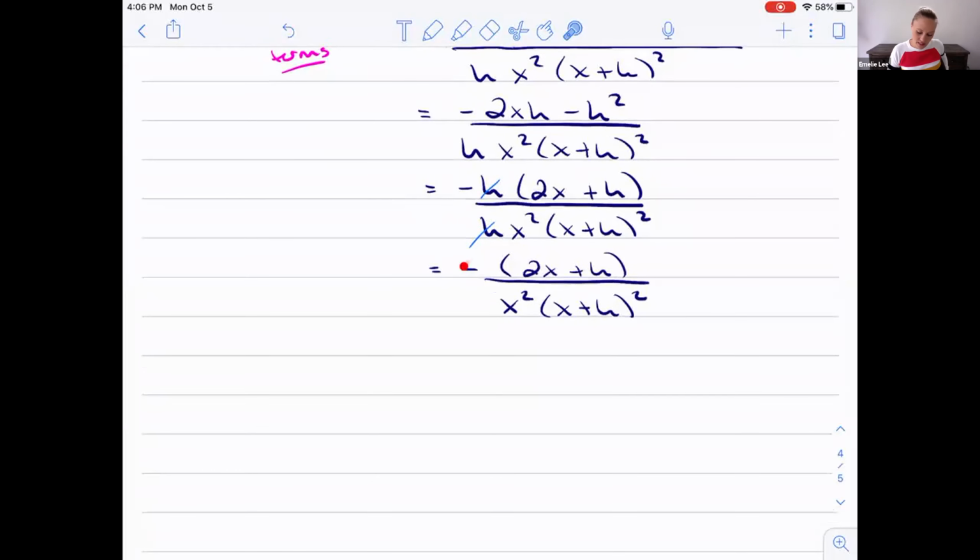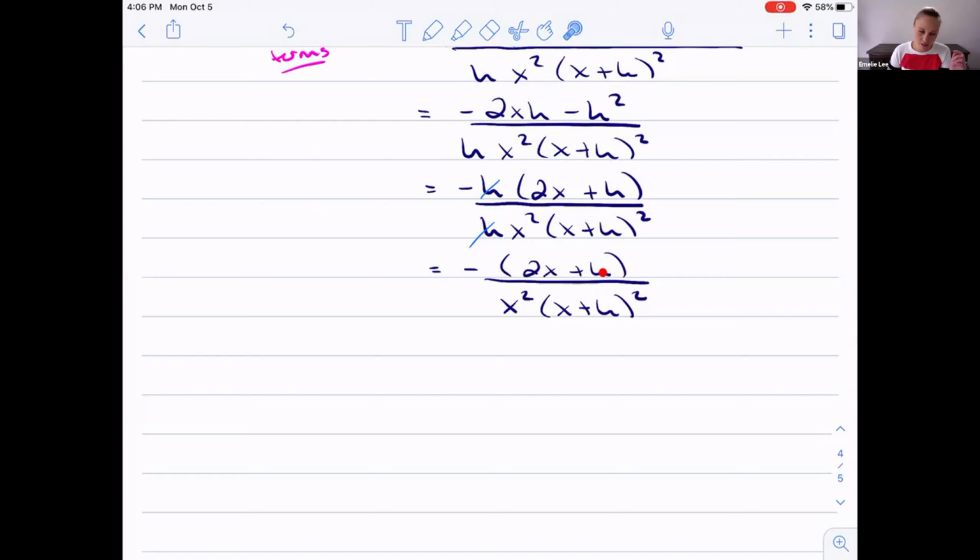Okay, so this negative here, it's in the numerator. You could put it in the denominator, but it can only be in one, right? Because if you've got a negative over a negative, then you get a positive, right? So you could put it out front here if you wanted. I'll often just put it in the numerator. But you should have a negative.